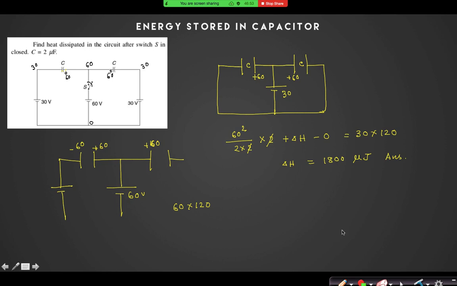So that is minus of 30 into 60. And similarly that is minus of 30 into 60. Yes or no? Am I getting the same answer? Yes, sir. 72 and 36. Yes, the same answer. So individually you can also do that.